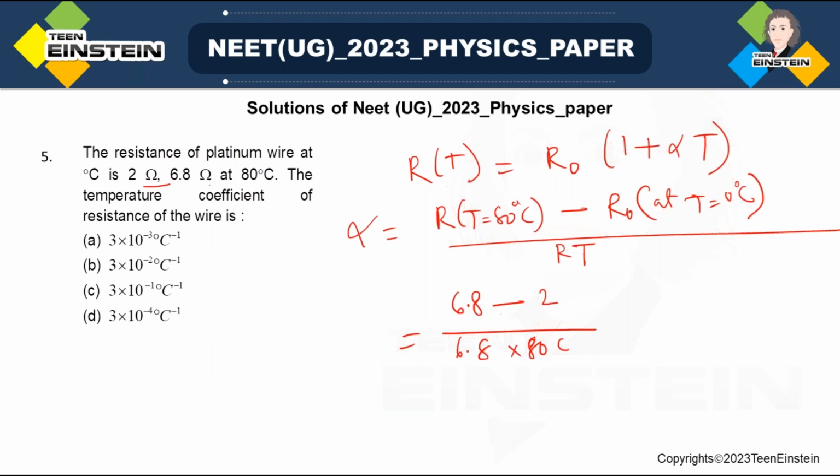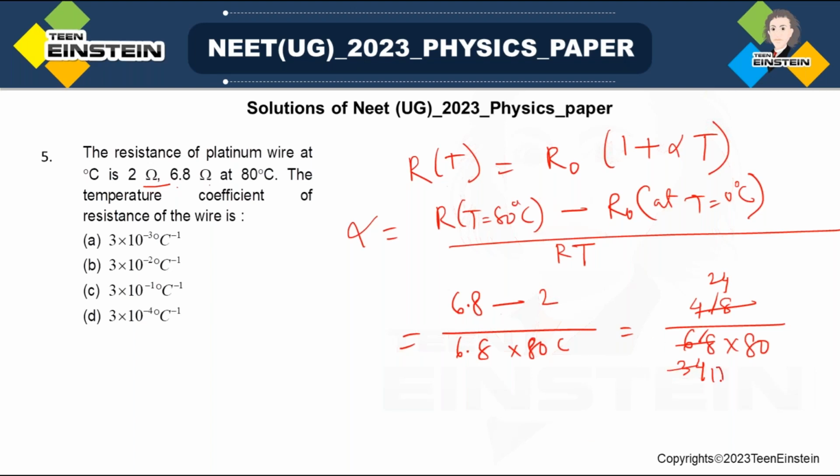So it is, yes, so let us do that. 6.8, and this is, that means 4.8 divided by 6.8 into 8t. So 24, and here it will be 34. Okay, that's how.